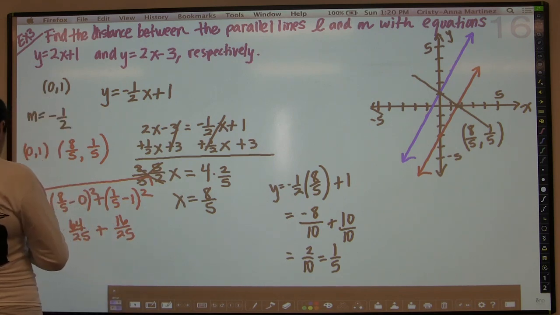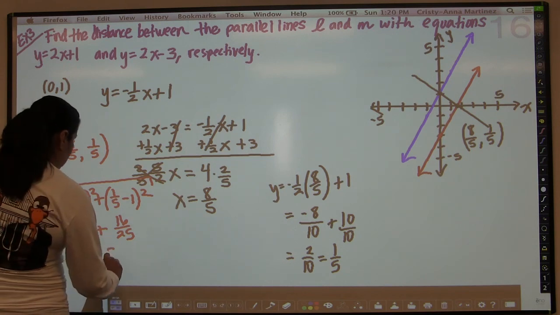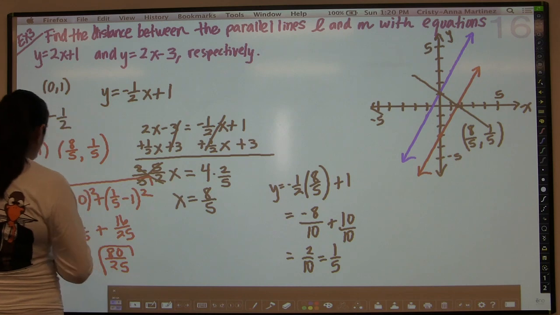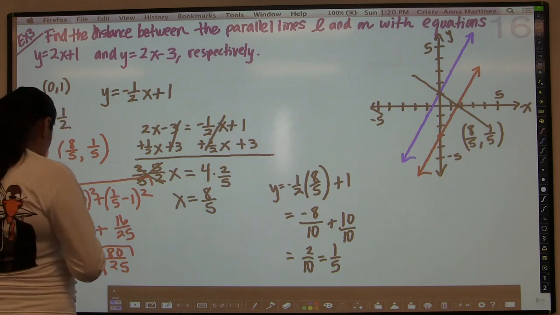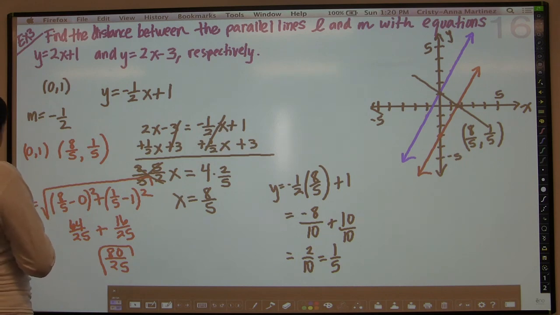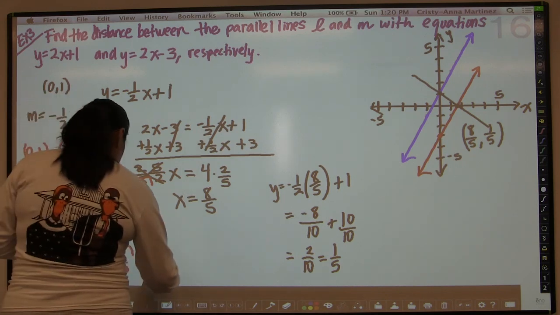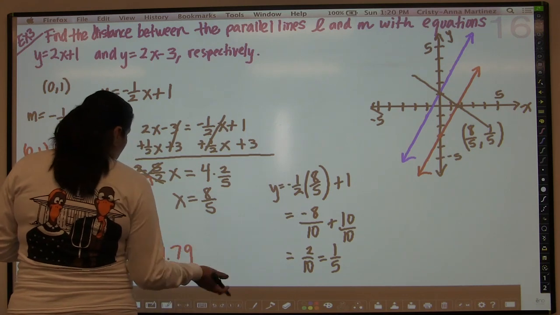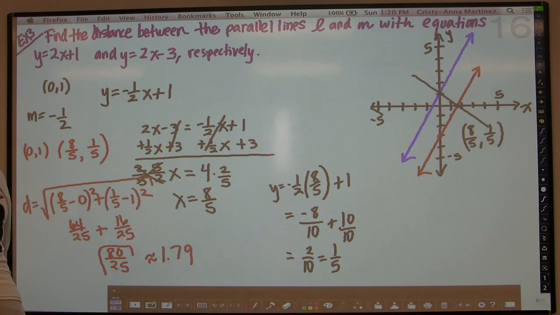And if you add the 64/25 with the 16/25, you get 80/25, and it's the square root of that. So it's basically the square root of 80 divided by 25, which is roughly 1.79 or 1.8 units.